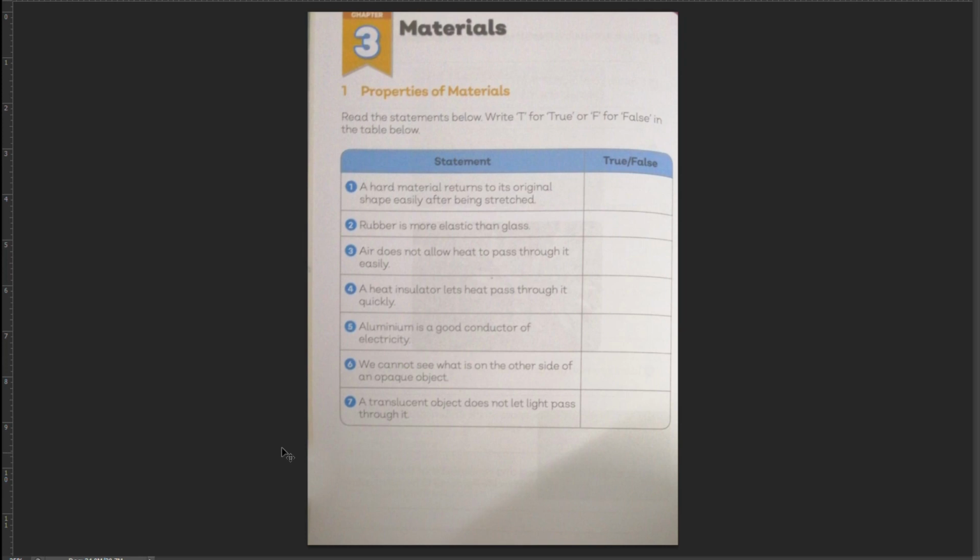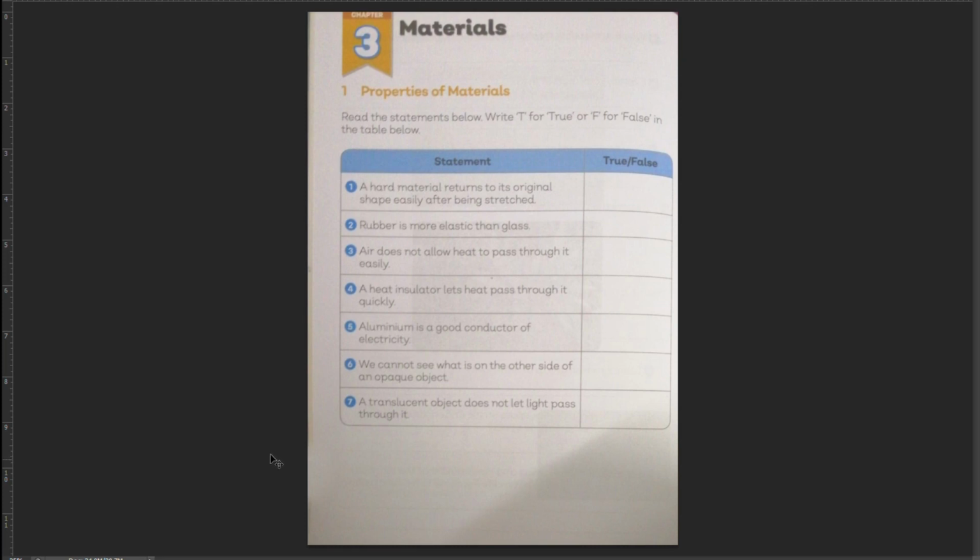For our workbook activity for this week, please open your workbook on page 26. Now we are going to read the statements and then write T for true or F for false in the table below. True if it's correct and false if it's not correct. Let's start with number 1.